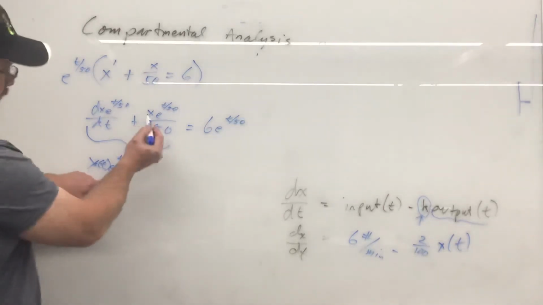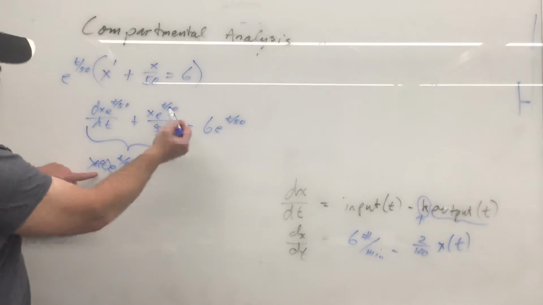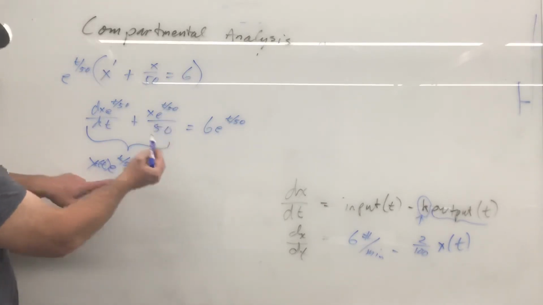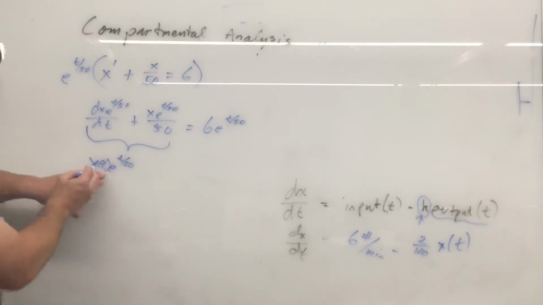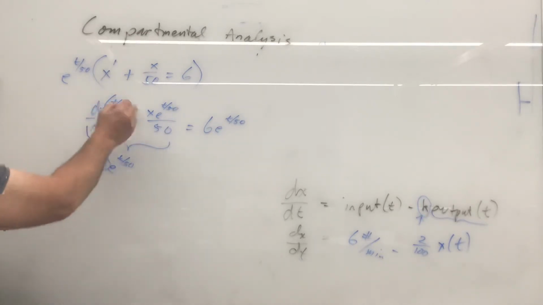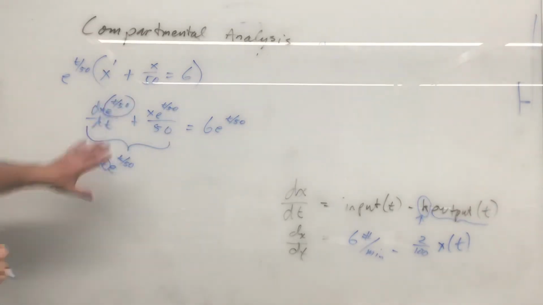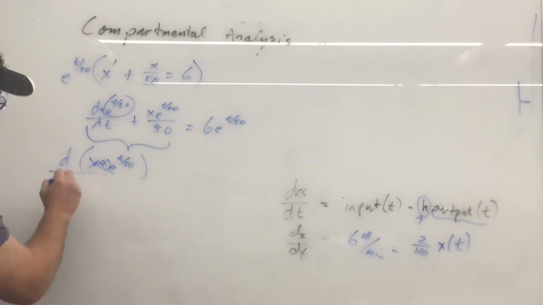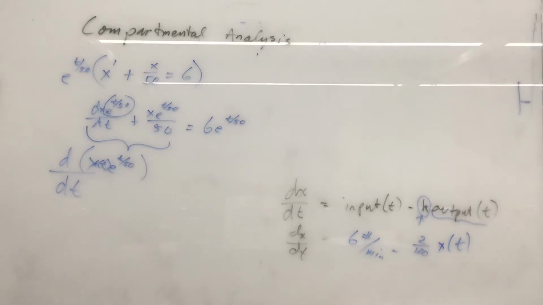You'll have the x, which is held, and the derivative of the second will give you e to the t over 50 and then 1 over 50, which is where this term comes from. Then hold the second, take the derivative of the first, which is just dx/dt. So that left-hand side is just the derivative with respect to t of that whole thing.